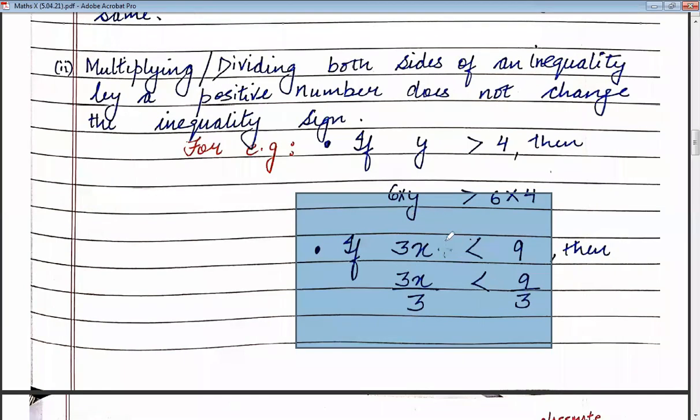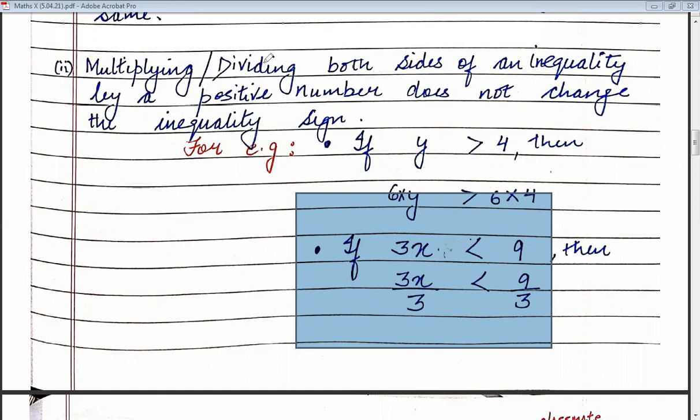So here children, I am dividing my left hand side and right hand side by a positive number, that is 3. 3x divided by 3 less than 9 divided by 3. So I have divided on both the sides by 3. So children, you can have a look that my inequality again remains the same. So I guess you are clear with this topic that if you add, subtract, multiply or divide by the same number, your inequality remains the same.